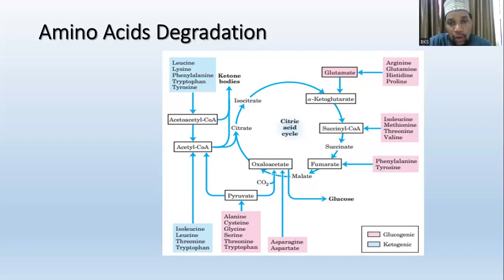Also, when you have arginine, glutamine, histidine, and proline converted to alpha-ketoglutarate, that alpha-ketoglutarate, inside the citric acid cycle, can be converted to succinyl-CoA, succinate, fumarate, malate, and oxaloacetate.